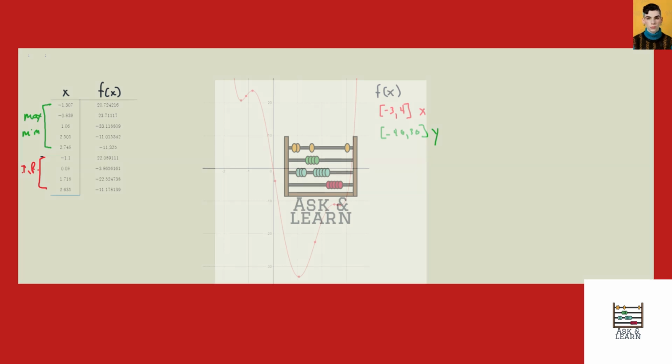So here you can see the window I ended up choosing. And the reason I chose this window is I looked at our x values. My smallest x value ended up being negative 1.307, and our largest ended up being 2.748.